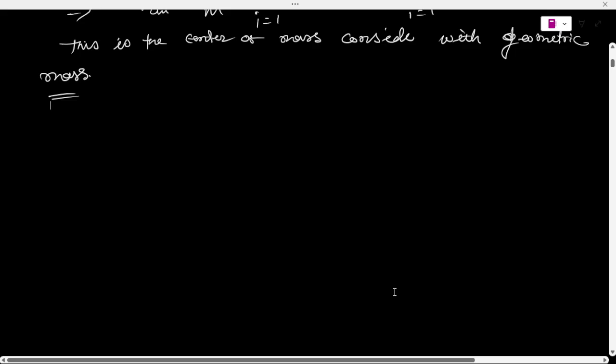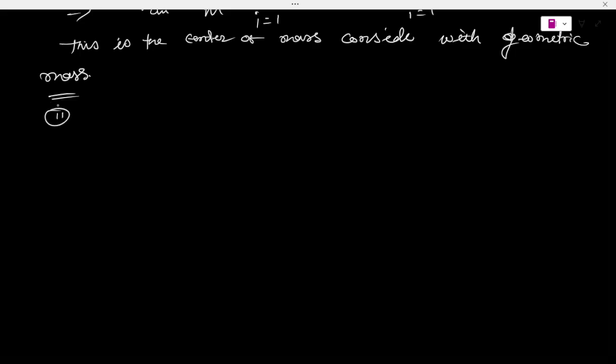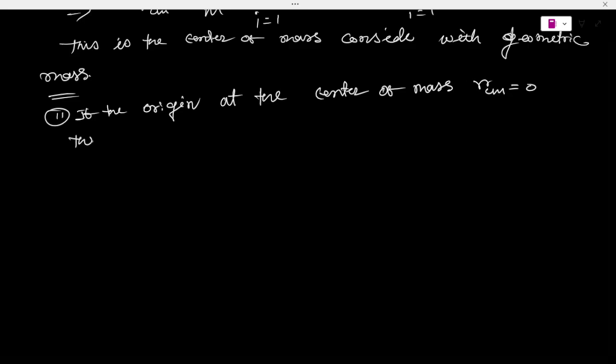And after that, the second point is that if the origin is at the center of mass, r_cm is equal to 0.